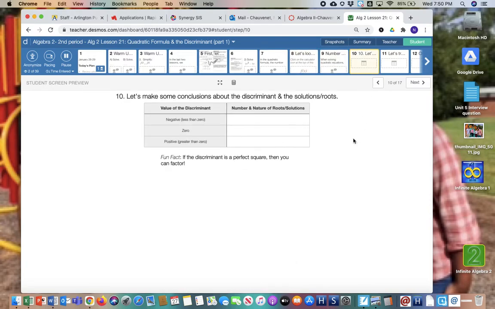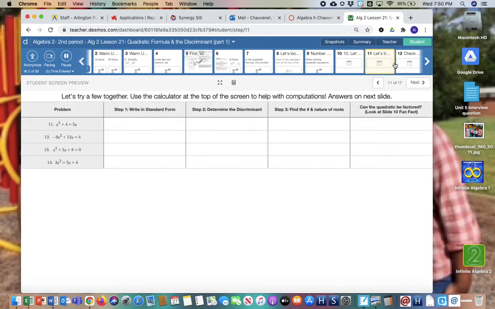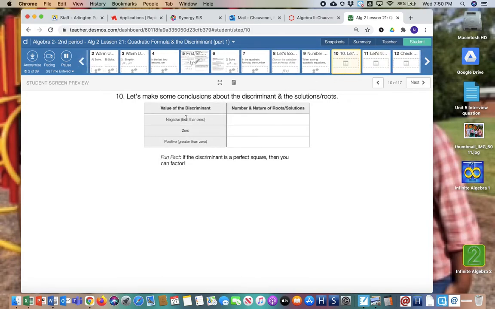Okay? So just some conclusions about what the discriminant means that we just mentioned. If the value is negative, in other words, if it's less than 0, that means you're going to get 2 non-real roots. If the value is 0, you're going to get 1 real root, which is technically called a repeated root, meaning that it basically happens 2 times.